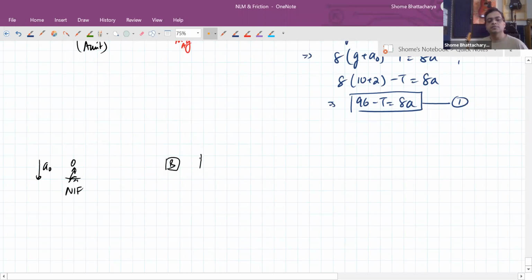So B is going up with that acceleration A. Is B's upward acceleration with respect to the non-inertial frame of Amit.